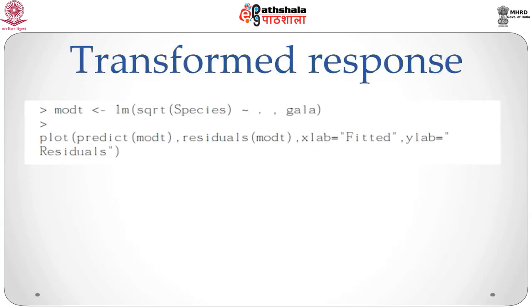So here is the code which we used to produce the plot on the previous slide. mod T is an object constructed using a linear model of square root of species on all the variables excluding endemic, and we plot predict mod T and residuals mod T to look at the variances.